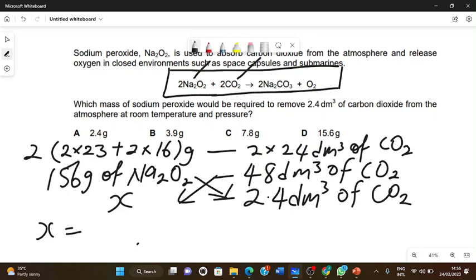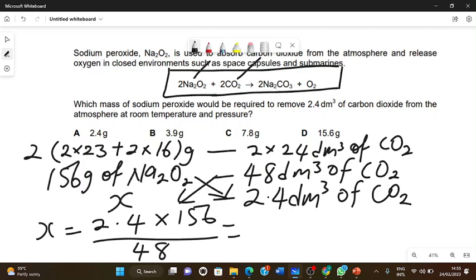It will now be 2.4 times 156 divided by 48. So the mass will be 7.8 grams of sodium peroxide.